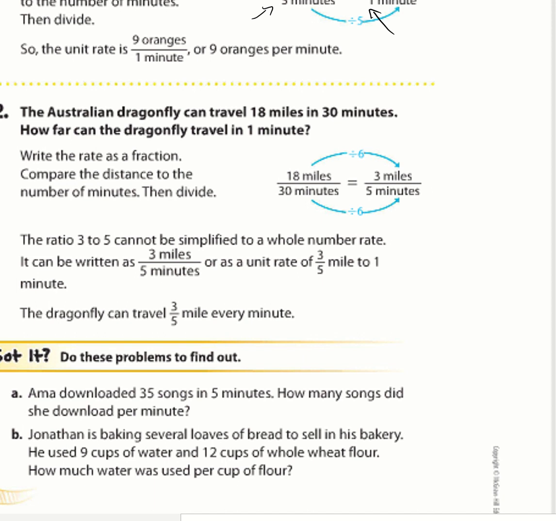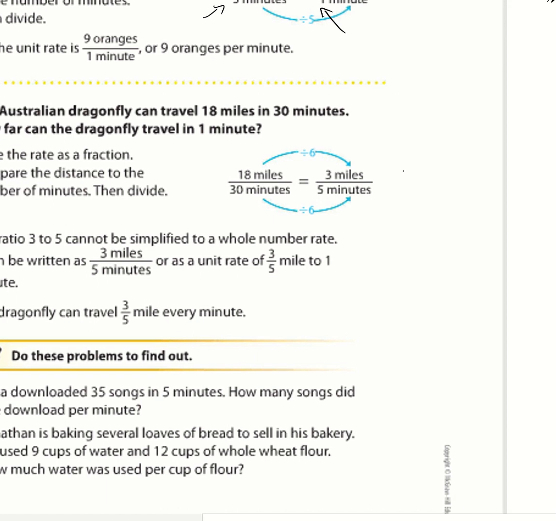So what this means is we simplified it to the most we can, but now we have 3/5 of a mile to 1 minute. So this is how we get the denominator of 1. It's actually going to be here.